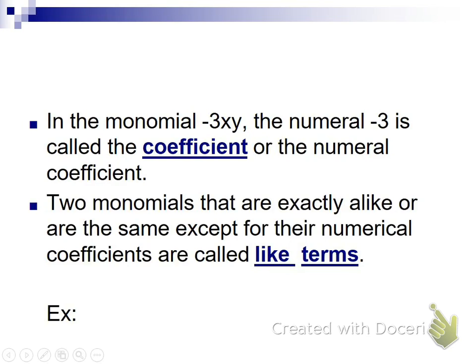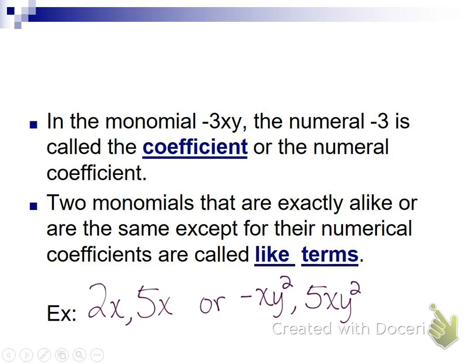An example would be 2x and 5x. Those are considered like terms. Or we could have negative xy squared and 5xy squared. Those are also considered like terms. So as long as the variables and their exponents match, they're like terms. They don't necessarily have to have the same coefficient. Questions, concerns, or need more time on those?